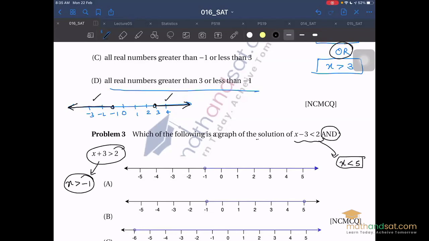Both these conditions should be satisfied simultaneously because they are combined by and. And means intersection. You're looking at the common solution.